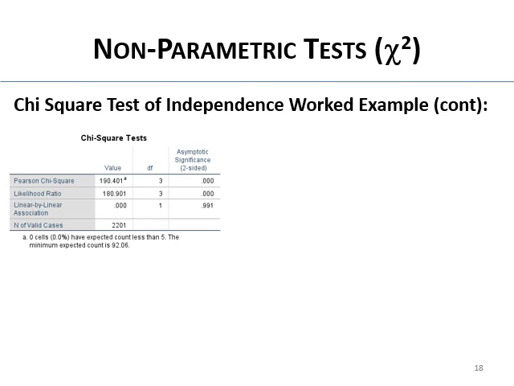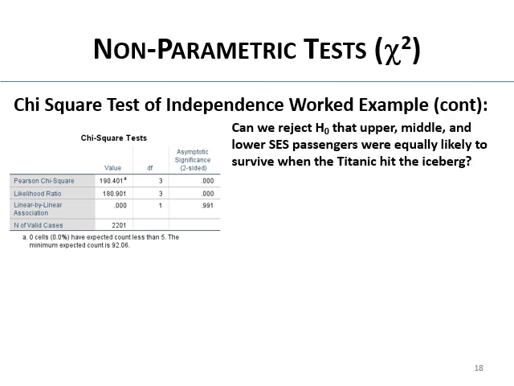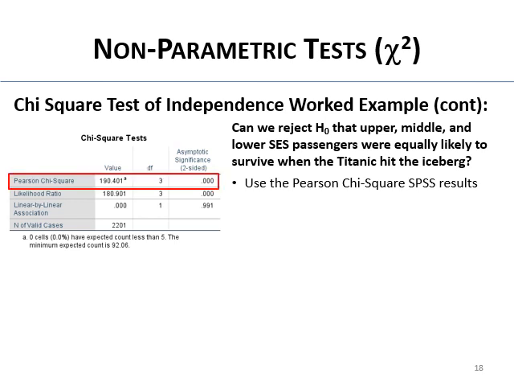So here's the actual chi-square test, and it gives you multiple rows here, 3 different rows. So our null hypothesis, again: can we reject the null hypothesis that upper, middle, and lower SES passengers were equally likely to survive when the Titanic hit the iceberg? We're going to use this Pearson chi-square row of results right here. That's the one you want.